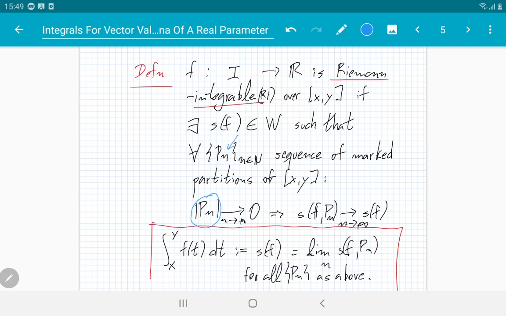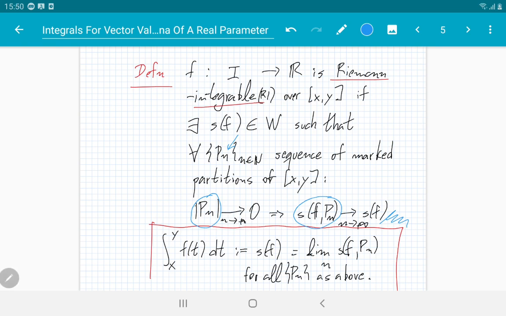So here we have our sequence. We're assuming that the size of the partition goes to 0, so the intervals are shrinking. And then what we want to happen is that the Riemann sums converge to something, which is this S of f. And this something, S of f, should be independent of the specific sequence of marked partitions that you take.